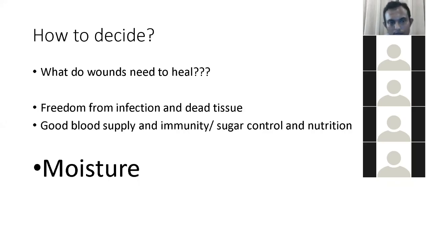What the wound needs to heal is freedom from infection and dead tissue, good blood supply, immunity, sugar control, and nutrition. Those are the main things. The most important thing, as I said earlier, is moisture. So we have to balance these. We have to give these or take away excess.